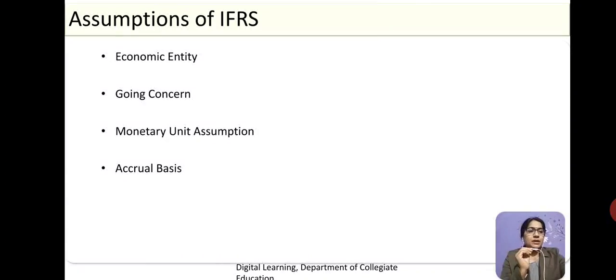So while framing this IFRS, that is International Financial Reporting Standards, what are the assumptions? Like we already know accounting concepts and conventions, which says about individual entity, money measurement, going concern, so all those things. Same way, even IFRS is based on those basic concepts and conventions of accounting. The very first thing is economic entity.